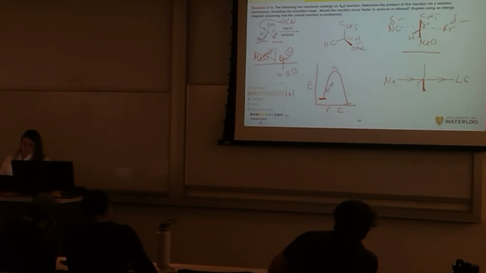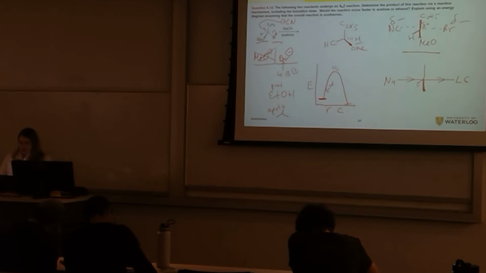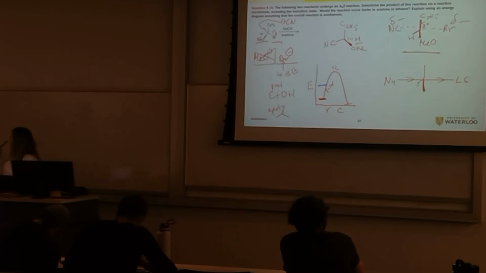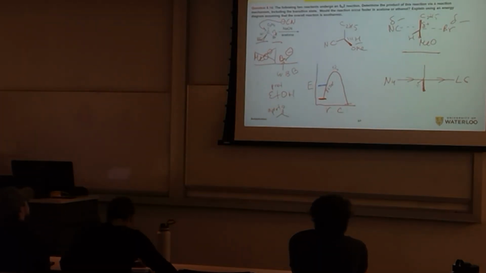But if instead of ethanol we take acetone, acetone will do a much worse job in the stabilization of CN minus. So the energy of the reactants in acetone will be somewhere like here, for example. So it would be much higher. And the transition state energy also will be a little bit higher, but not that much, because the transition state is not charged, it has partial charges, and it requires less stabilization by hydrogen bonds or whatnot compared to CN minus.